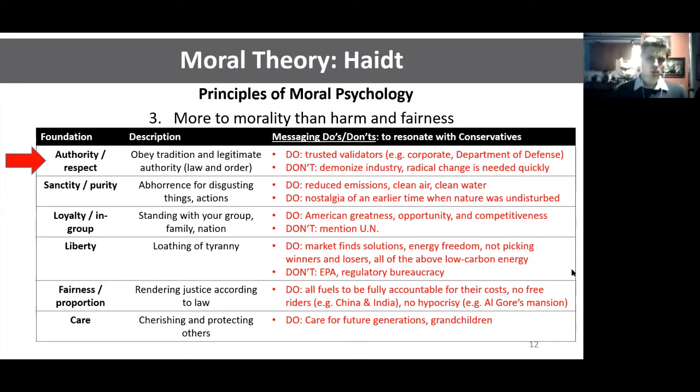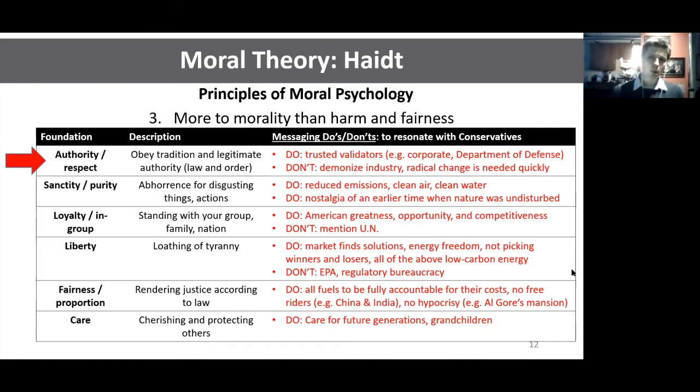We do want to, as I mentioned before, refer to trusted validators. For example, in the corporate world, the Department of Defense, these are authority figures that are trusted by conservatives. By and large, that's certainly not universal, but by and large. We don't want to demonize industry, or the authoritative figures in the business world.